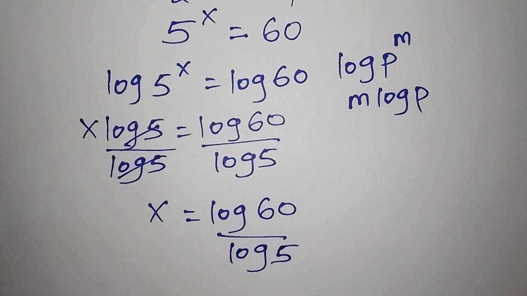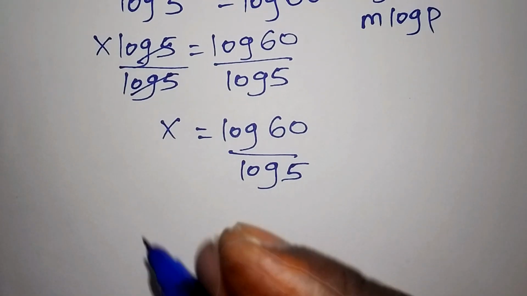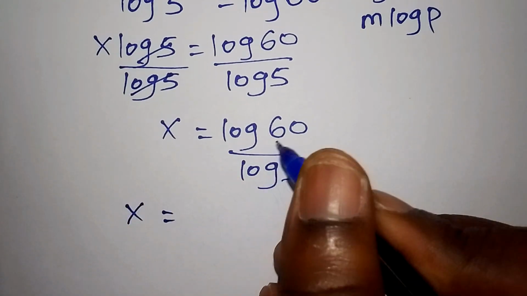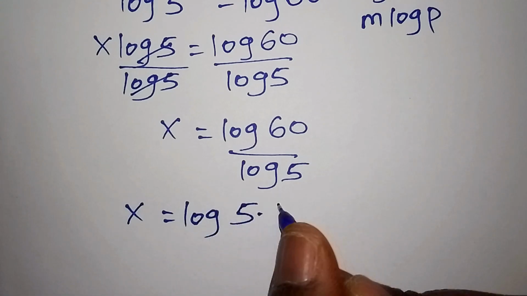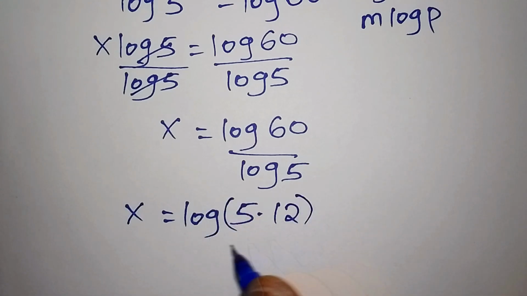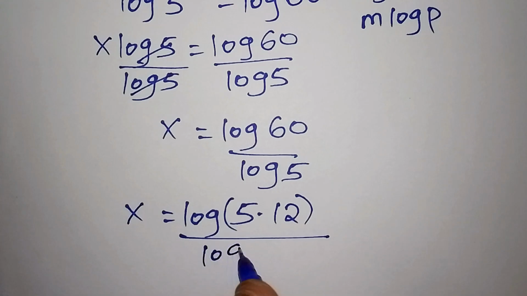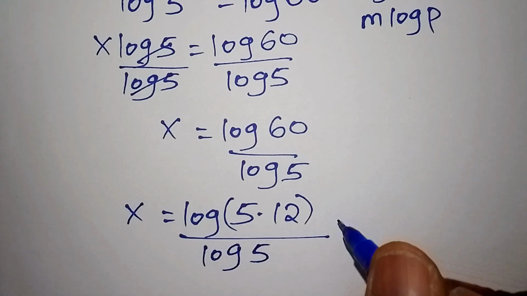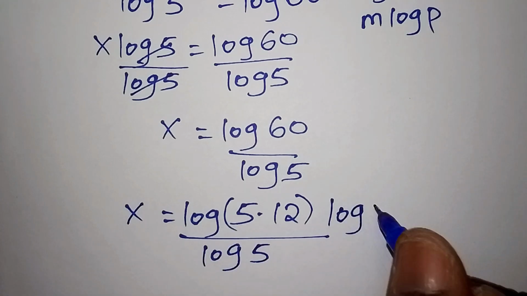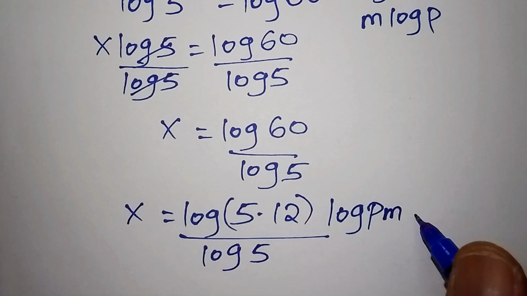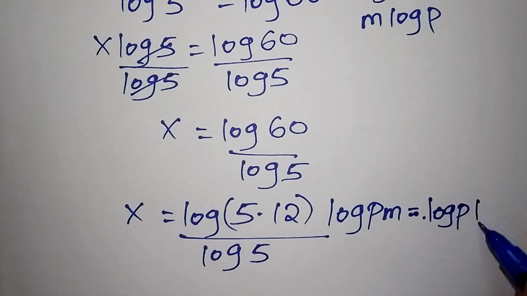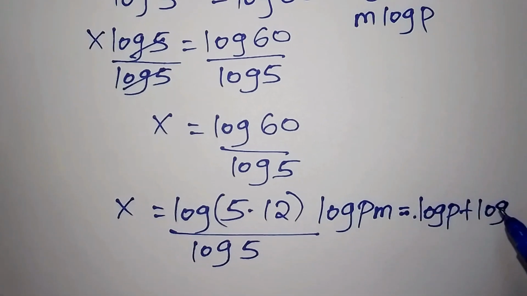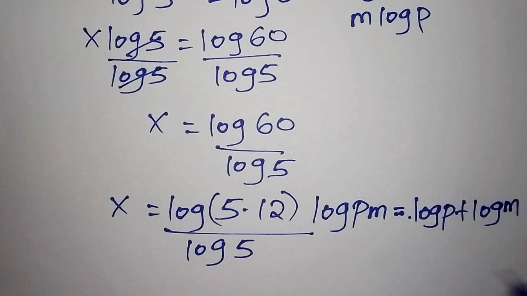Let's now factorize this maths problem completely. x is equals to the log of 60, which can be written as the log of 5 multiplied by 12, all over the log of 5. Assuming, for example, we have the log of p multiplied by m, according to the law of logarithms this shall be the log of p plus the log of m.